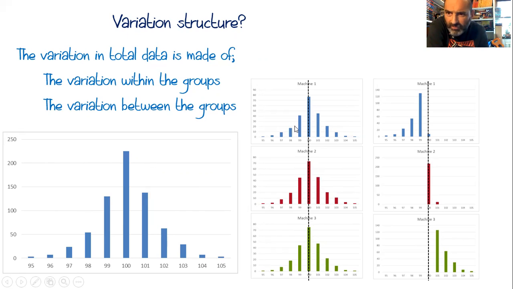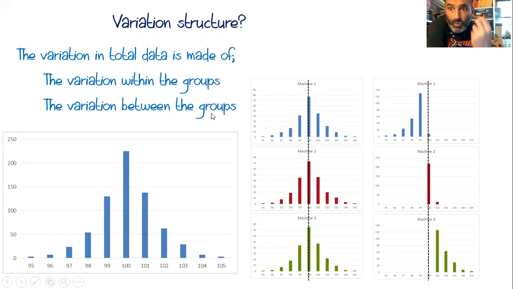So you're going to probably find a smaller value and divide it by 200 something. And when you sum them up, you may not get the equality, but if you just look at the numerators, the sum of squares, it's going to be true. They're going to be equal. The numerator of the variation in this data set is made of the variation within the groups plus the variation between the groups.